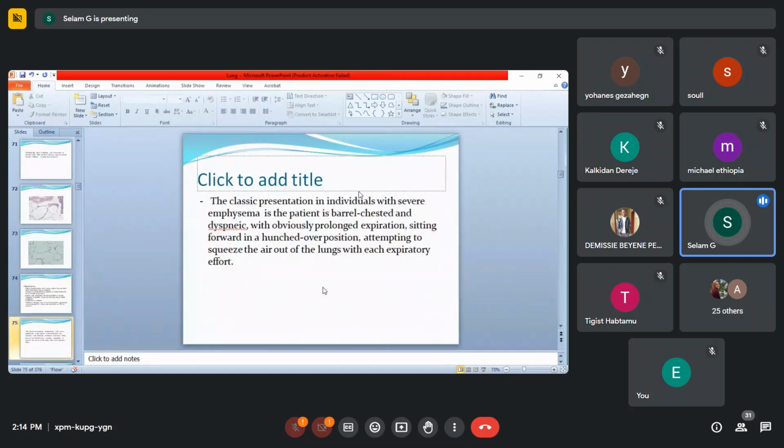The classic presentation in individuals with severe emphysema is a patient who is barrel-chested and dyspneic, with obviously prolonged expiration, and they usually try to support their lung by leaning forward. Leaning forward helps push the diaphragm up and will try to remove the air that is trapped inside those dilated spaces, to move out.